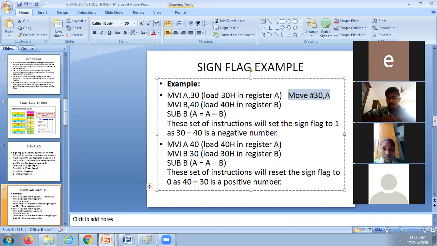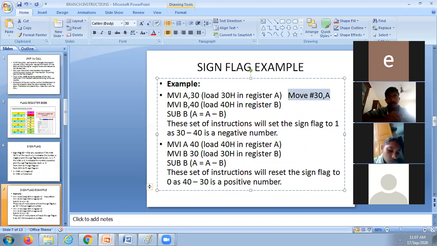That is a general instruction. But here a specific example is given with the 8086 assembly language. From somewhere I have simply copied it. Understood? So the instruction here is MVI, move immediate.